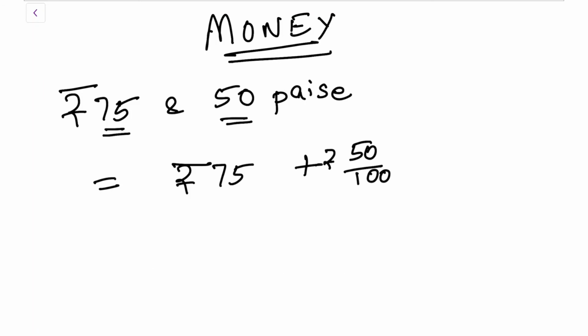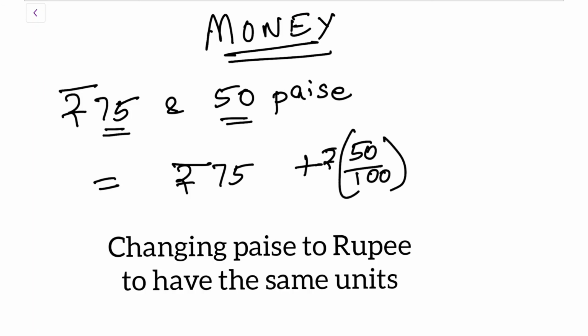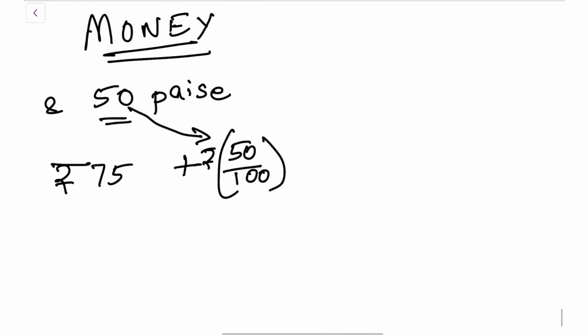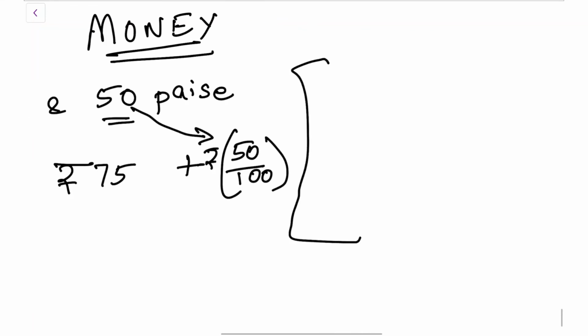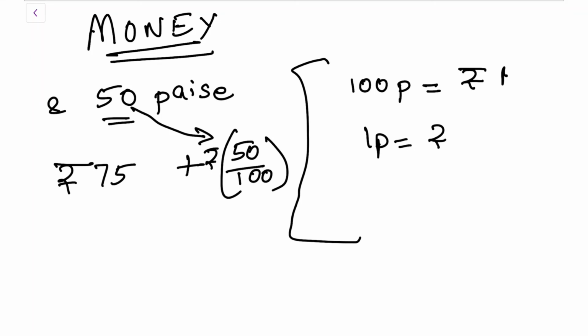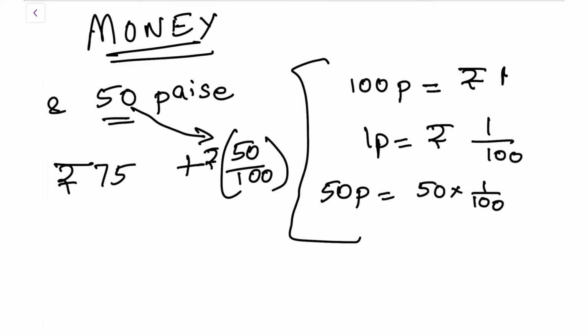So it's rupees 75 plus 50 by 100 rupees. All right. Now, how did I convert 50 paise to this? Again, for that we need to know that 100 paise is nothing but 1 rupee. Okay. So 1 paise will be 1 by 100 rupee. Therefore, 50 paise will be 50 into 1 by 100 rupee, that is nothing but 50 by 100 rupees, or you can write it as 0.50.